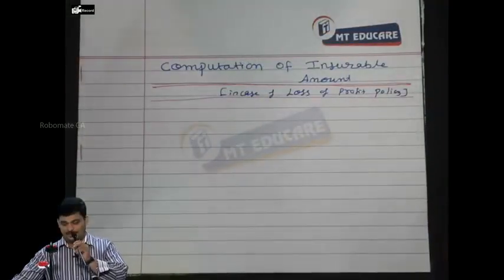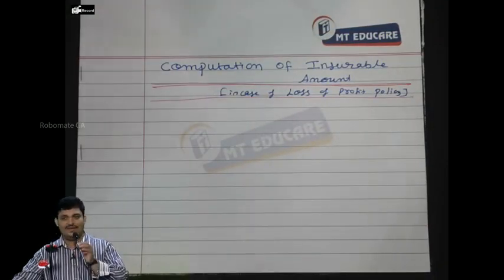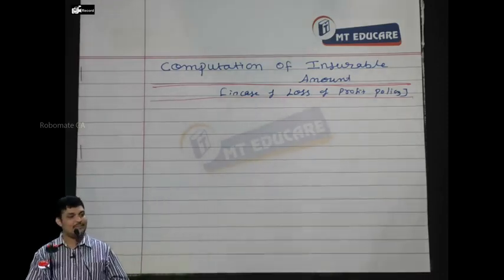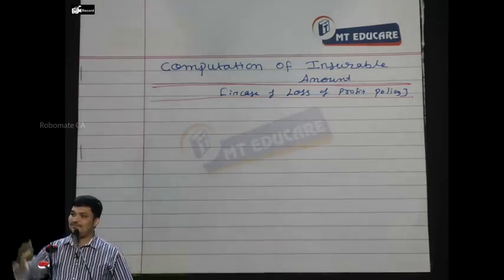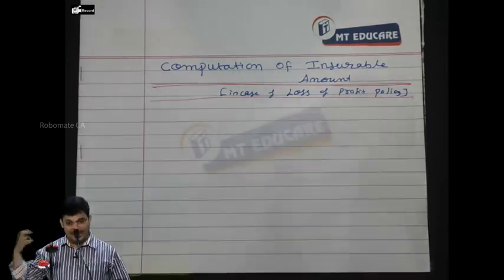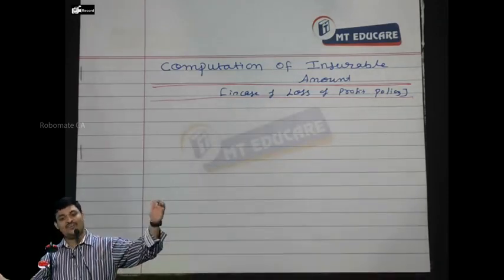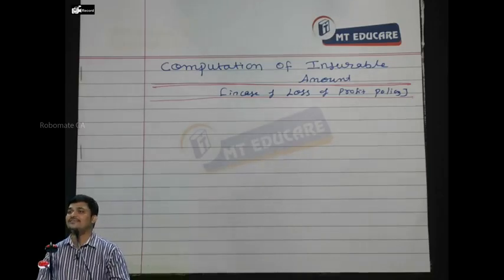Computation of insurable amounts. So we actually insure net profit and standing charges. We expect some net profit in future. That net profit plus whatever fixed cost, all these things we will insure, correct?